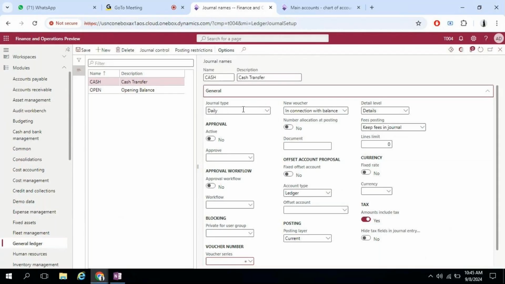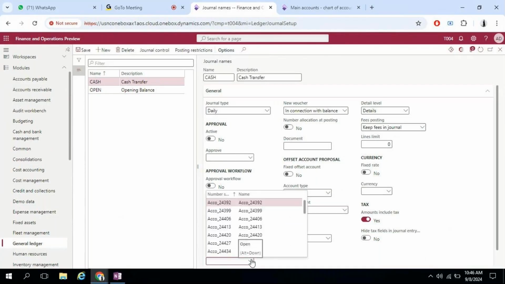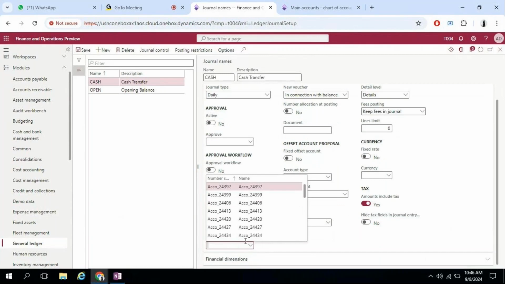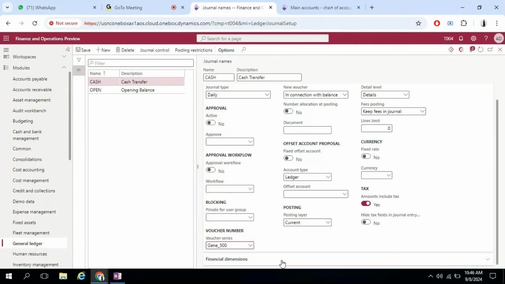So there is a daily option, means it will be of type daily transaction only. So I will not remove it. And over here, I will have a number sequence. You can utilize any of the number sequence, whichever is there. So for the general ledger module, there are few voucher series that I'm going to utilize.